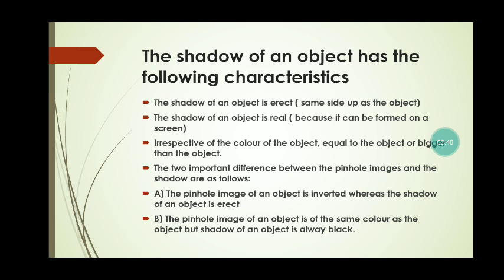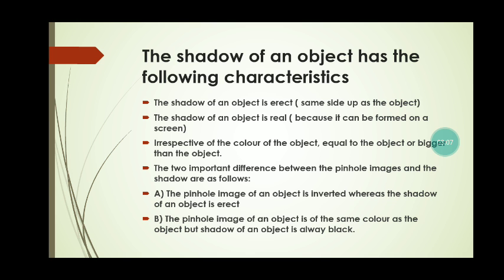We have two important differences between the pinhole image and the shadow. The first one is that the pinhole image of an object is inverted, it is upside down. The image of the pinhole is always formed inverted, whereas the shadow of an object is erect. The second one is that the pinhole image of an object is the same color.